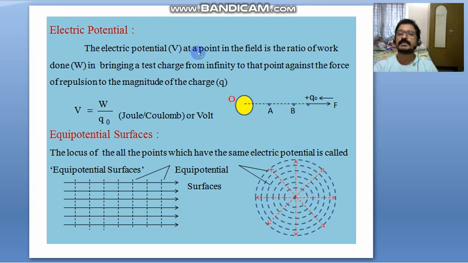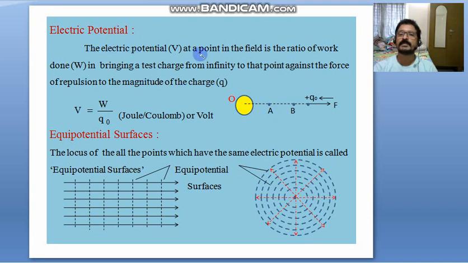The electric potential is defined at a point. We always define the electric potential at a point in the electric field. If there is no electric field, there is no electric potential.